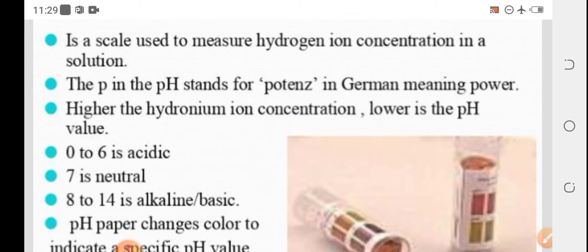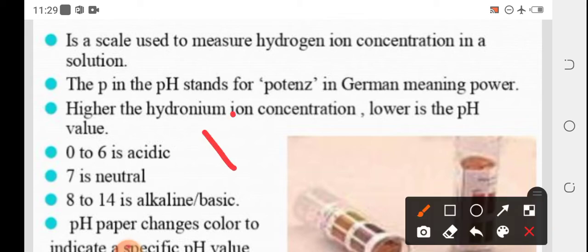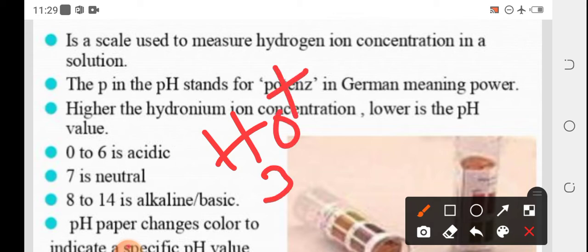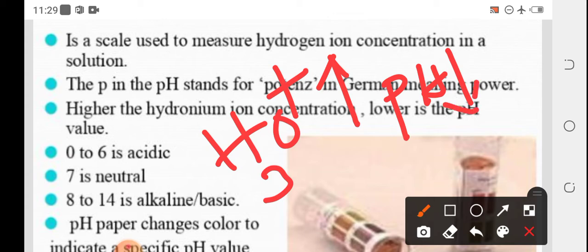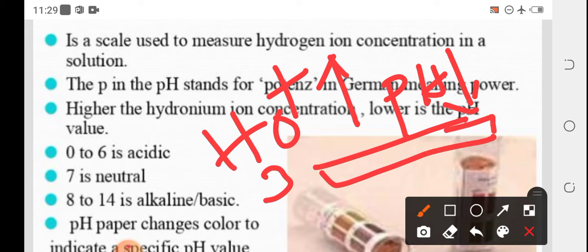If the H3O+ ion concentration is high, then the pH value is low. This is the relation between pH and hydronium ion. The pH is calibrated into 14 divisions: 0 to 6 is acidic, 7 is neutral, and 8 to 14 is basic or alkaline.